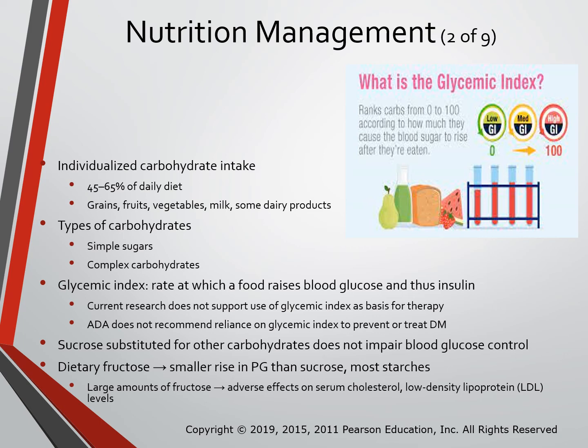Nutrition management should focus on making sure that you're getting the right amount of carbohydrates. We do need to have some. We've got to have energy: grains, fruits, vegetables, milk, usually skim milk, some dairy products, as long as we don't recommend whole milk.